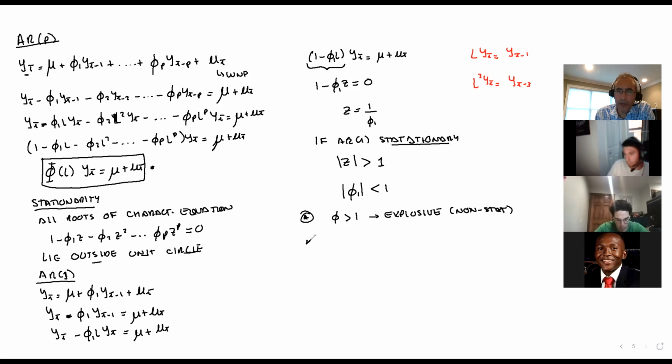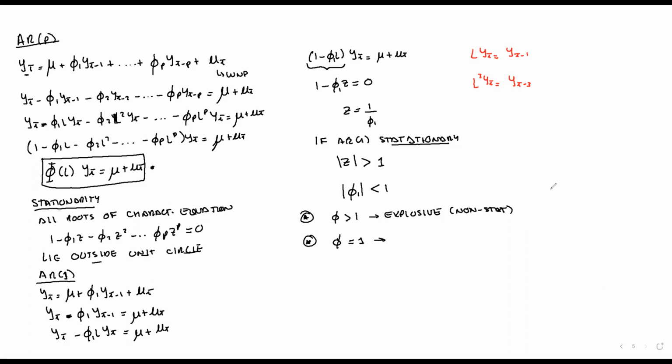Now, what happens when you have this number equal to 1? Once you move it outside the equilibrium, it stays there forever. Imagine that you have a series that is moving around here, and then suddenly there is a shock, and it is going to go, for example, like that forever. Got it? There is never going back. When psi equals 1, this process is called unit root. Also, it's non-stationary.